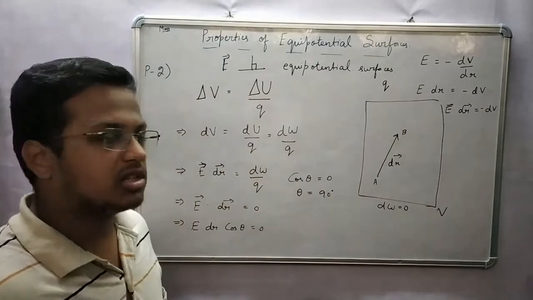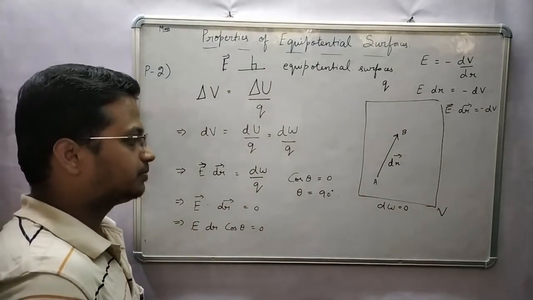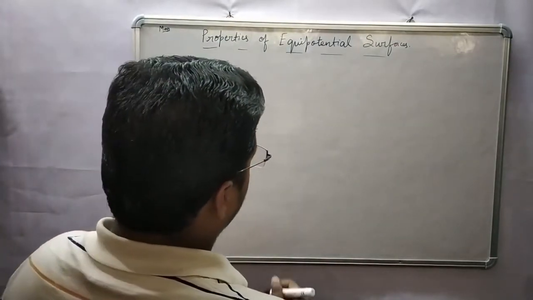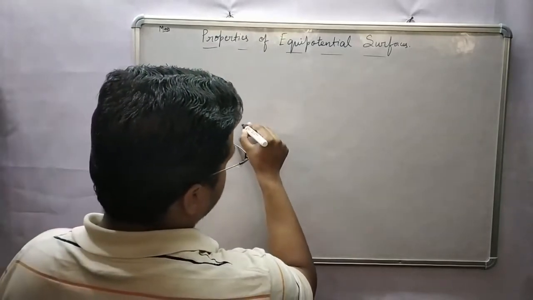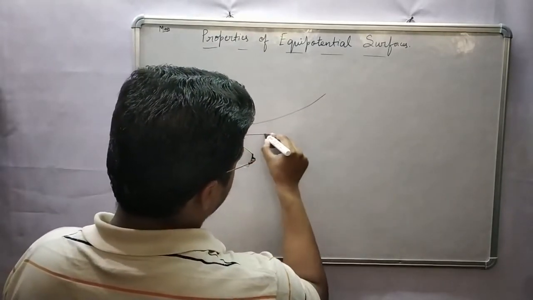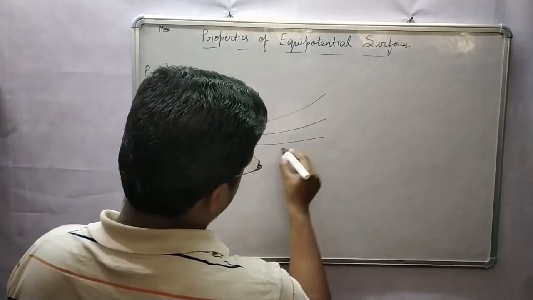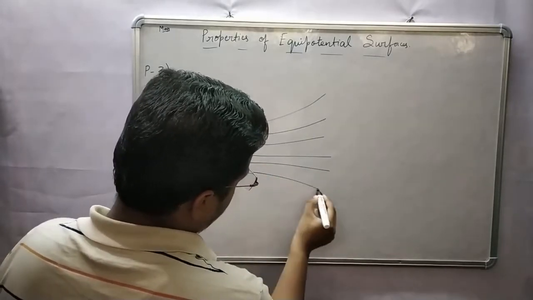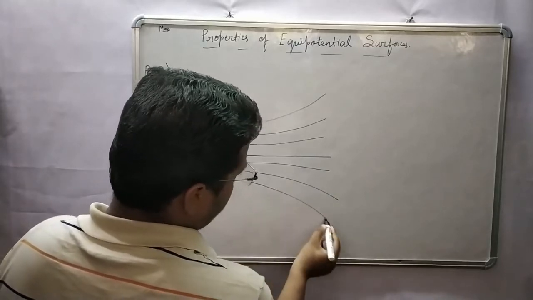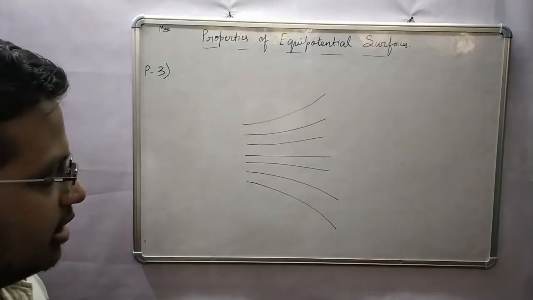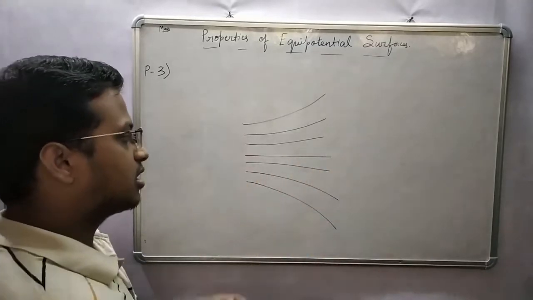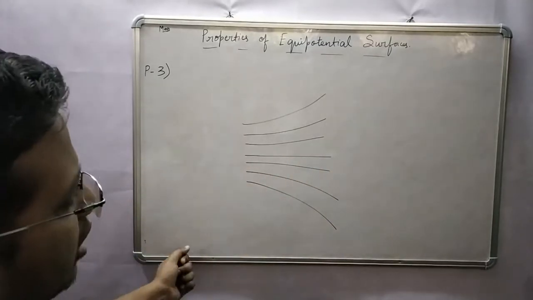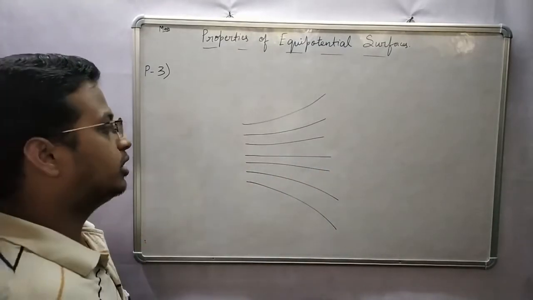Alright. In the next property of equipotential surfaces, suppose we have a region in which there is a non-uniform electric field distribution. As you can see, I am drawing non-parallel lines. So the electric field is continuously decreasing or whatever it may be, but it is not uniform.